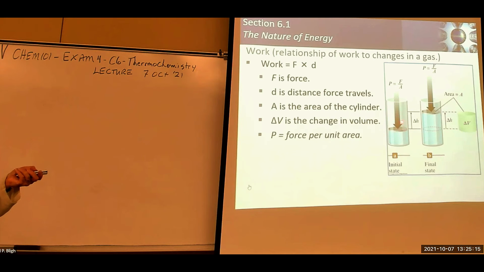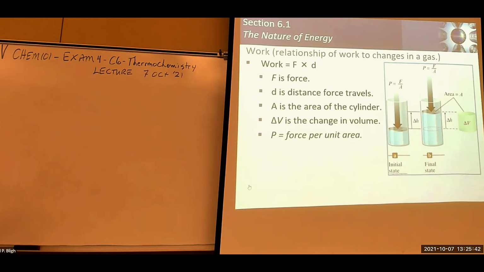So it's going to expand from this position to this position. It will increase in volume. It'll have a delta V, a change in volume. And when it does that, we have fixed the pressure as constant. The pressure is the same all the way through this process. The only thing that's changed is the height and consequently the volume.